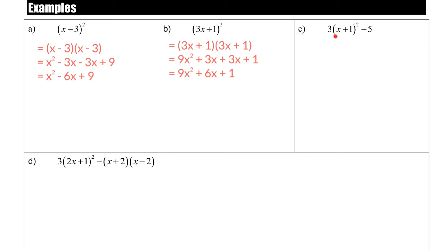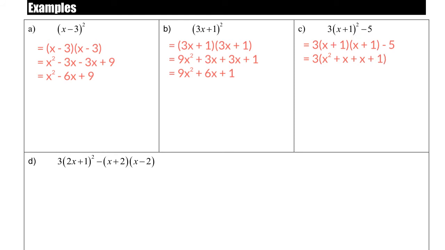So, brackets with an exponent of 2 means you multiply the brackets by itself. So we end up with 3 times x plus 1 times x plus 1. And don't forget the minus 5 is still there, so we tack it on to the end. So just like before, we have brackets times brackets, so we'll do x times x, which is x squared, x times 1, which is x, 1 times x, which is x, and 1 times 1, which is 1.